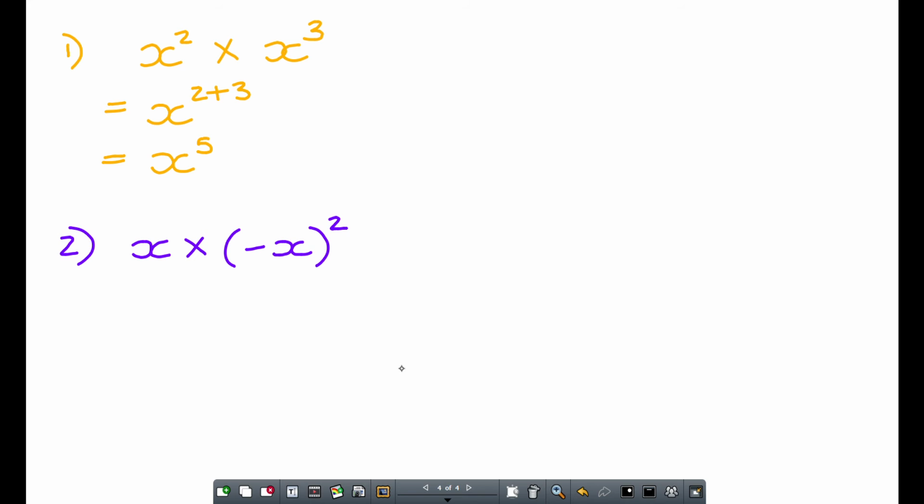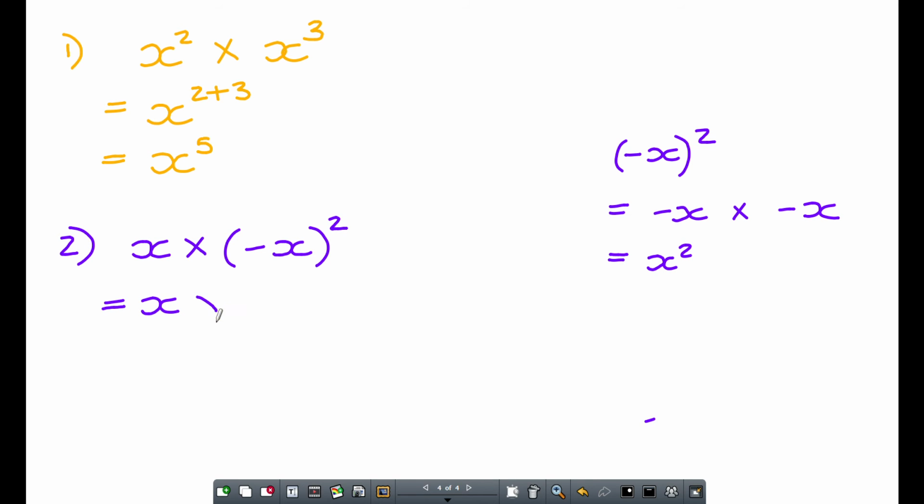So that minus x to the power of 2 is actually the same as minus x times minus x. Do you guys agree? Yes, ma'am. Okay, now a negative times a negative is going to give me what? A positive. And then x times x is going to give me x squared. So what's actually written here is x times x squared.